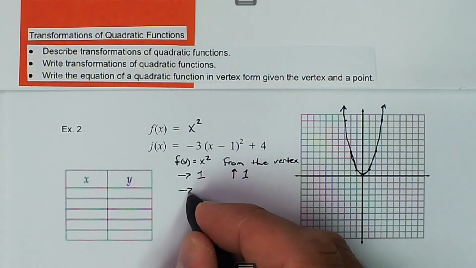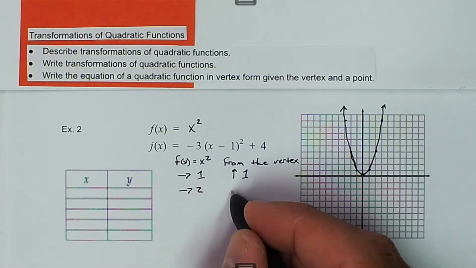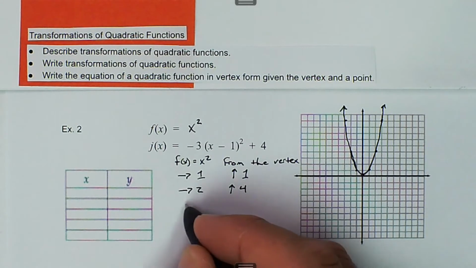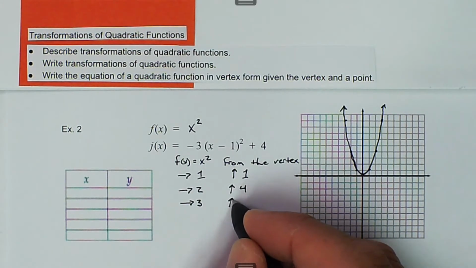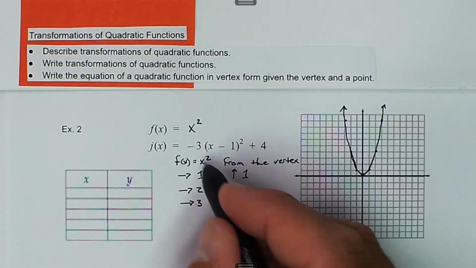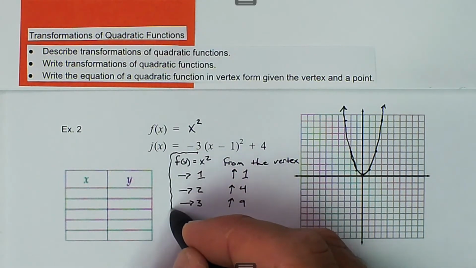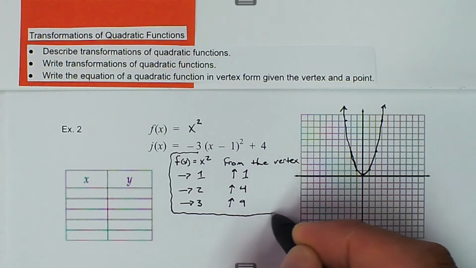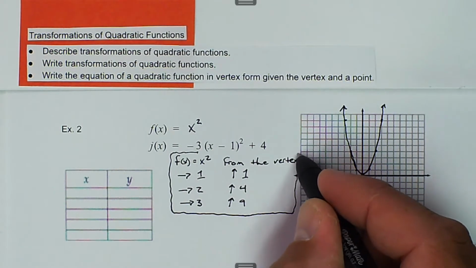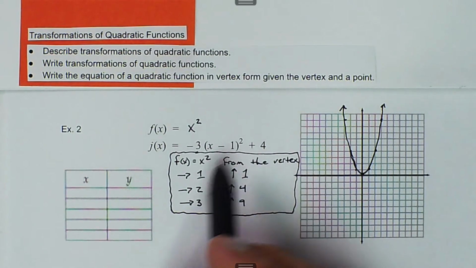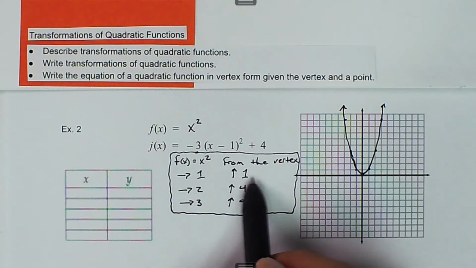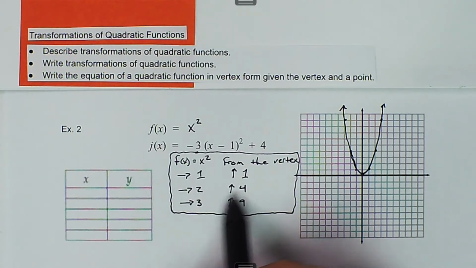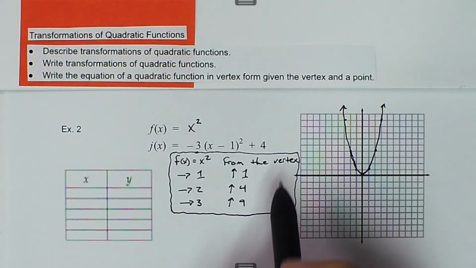Then we go to the right 2, and then up 4. And then we go to the right 3, and then we go up 9. So that's once we find the vertex, with a scale factor of 1, because the a value, the coefficient in front of the x squared, is 1: we go to the right 1, up 1, right 2, up 4, right 3, up 9.